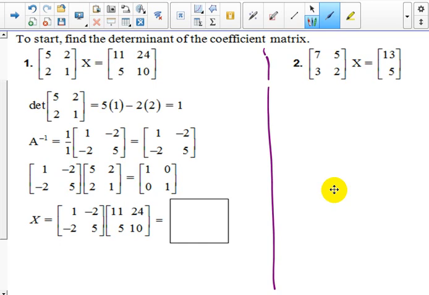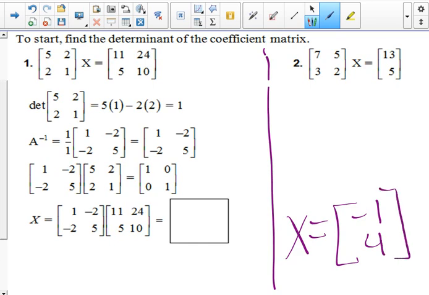I'm going to go ahead and give you the answer to number 2 so you know if you're getting it right or not. Okay, and then the answer to 1 is 1, 4, 3, and 2.